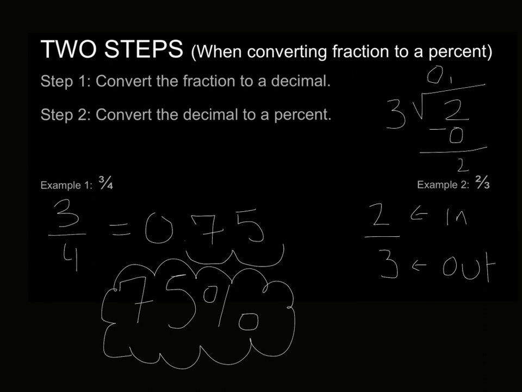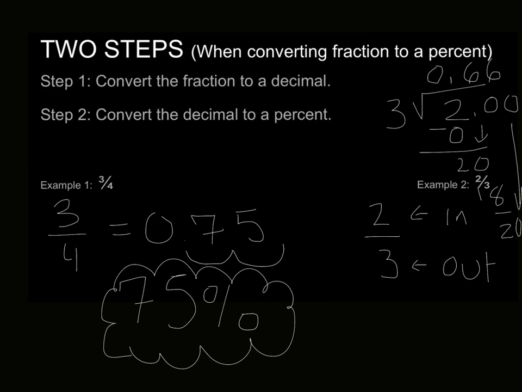So then we add our decimal and add our 0. Bring down that 0. 3 goes into 20 6 times. 6 times 3 is 18, and 20 minus 18 is 2. I'm going to bring down another 0. And this is going to be one of those things that's a repeating decimal, because we're just going to keep getting 6 times 3 is 18, 20 minus 18 is 2, and then we're just going to keep getting 20.